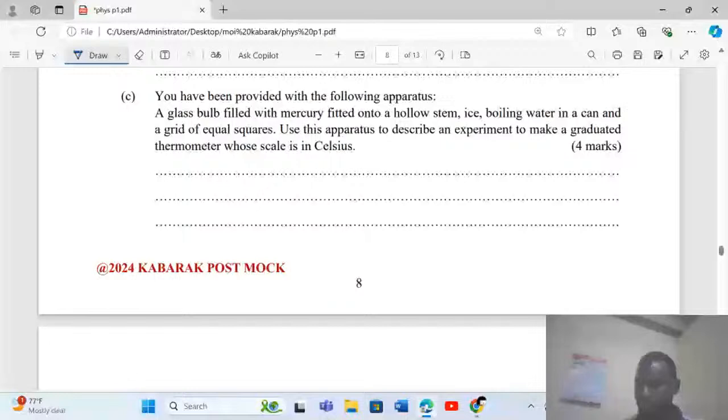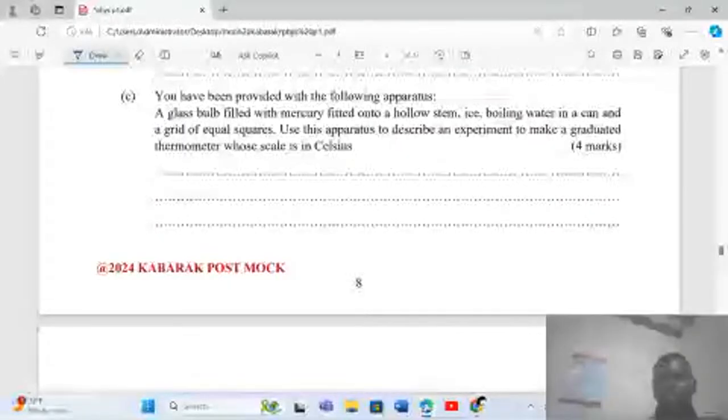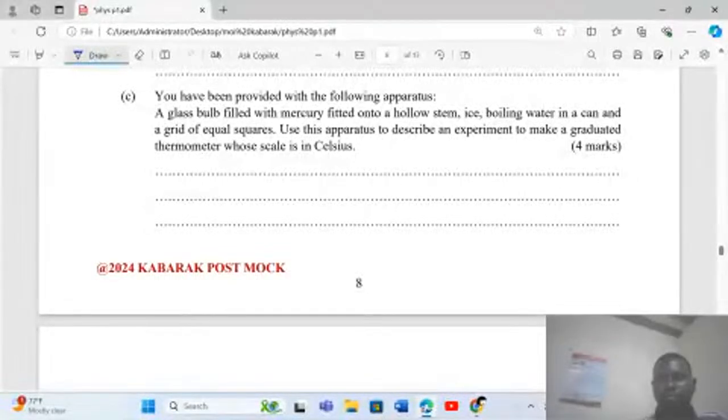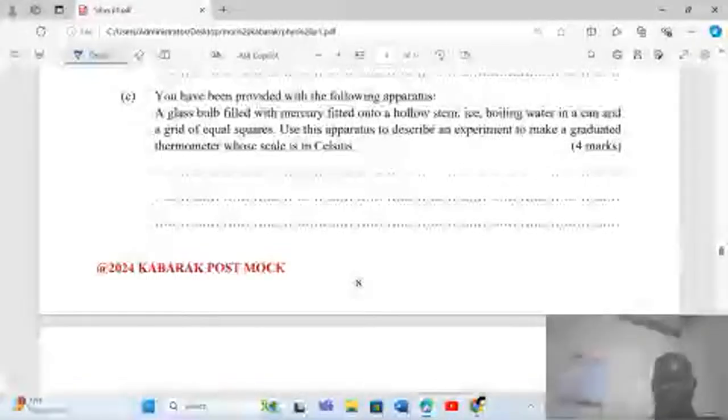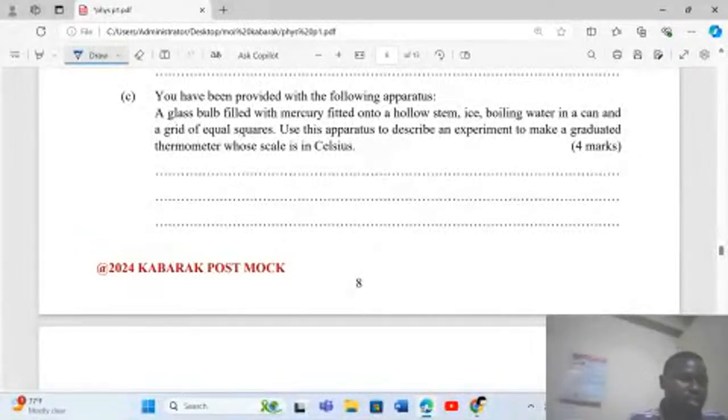A glass bulb fused onto a hollow stem in a can, and a grid of equal squares. Use these apparatus to describe how to make a graduated thermometer whose scale is in Celsius.